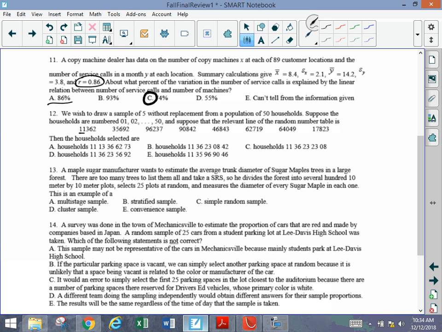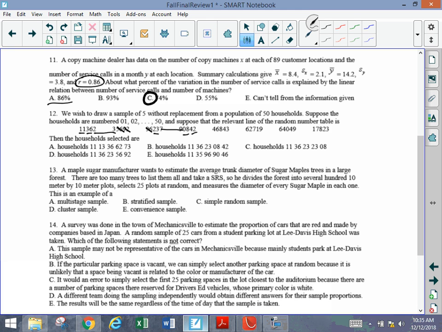We selected household 11, household 32, household 23. 56 does not count, right? It is outside of our range. 92 we will not select. 96 we will not select. 23 will be selected. 79 not selected. 08 selected. And 42. So it should say 11, 36, 23.